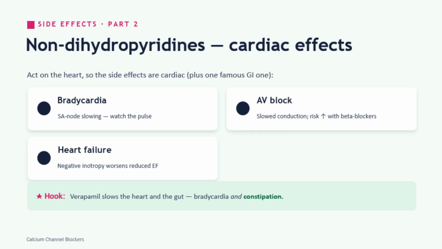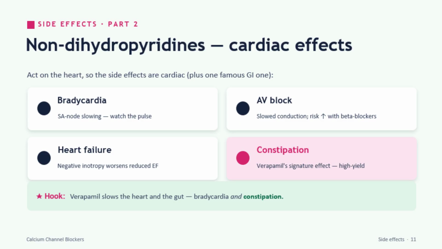And now the pump drugs. Same logic, just flipped. If these drugs slow and weaken the heart, then overdoing it gives you cardiac side effects. So we see bradycardia, a dangerously slow heart, AV block, where the electrical signal gets stuck, and worsened heart failure because we are dialing down the squeeze too much.